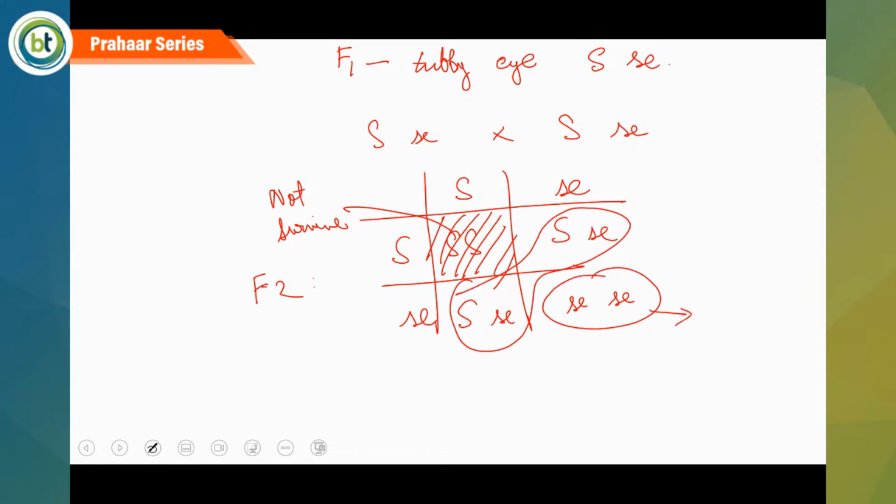This genotype will form sepia eye and this genotype will form the tubby eye. So tubby to sepia will be 2 parts of tubby to 1 part of sepia. Or if you reverse it, sepia to tubby will be 1 is to 2.